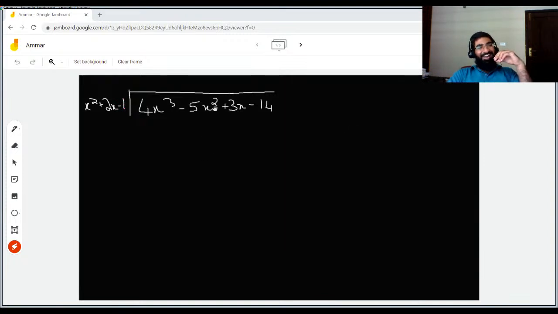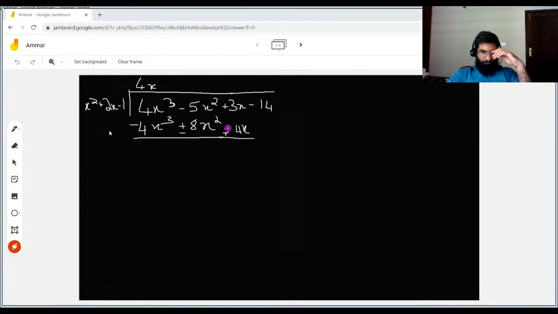Okay, again. 4x, so 4x cube plus 2, plus 8x square, plus minus 4x.